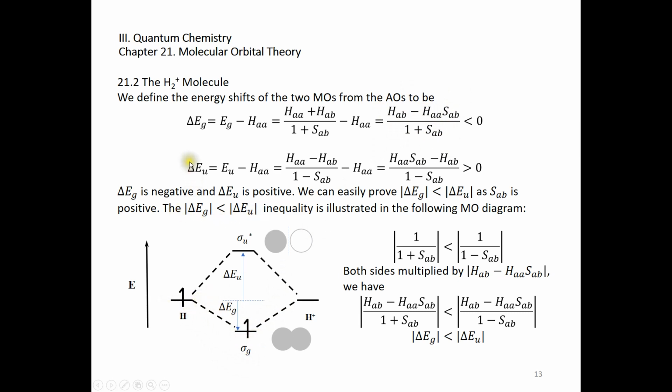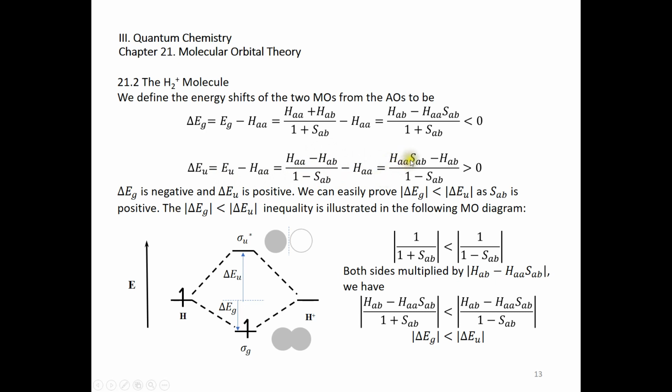And now let's look at delta E sub U, which is defined to be E sub U minus H_AA, which is the energy of the anti-bonding orbital minus the atomic orbital energy. So this is positive, and we have this expression as E sub U minus H_AA. We combine these two with some simple algebra.